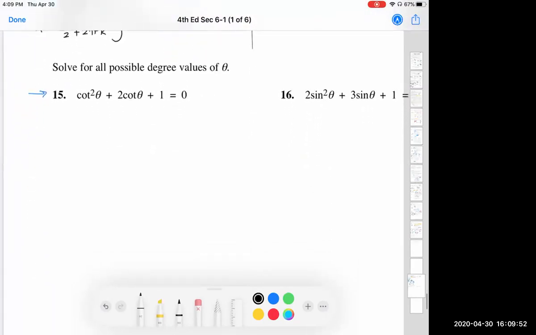Solve for all possible degree values of theta. So we want all values, so I know at the end I have to write plus 360k, where k is contained in your integers. Okay, let's solve 15.